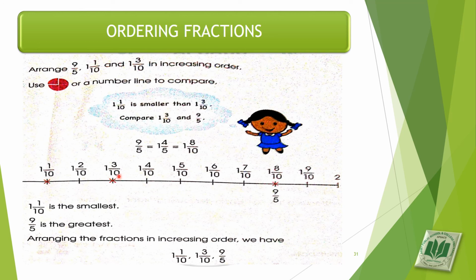Then we found 1 whole 3 by 10, and this 9 by 5 or 1 whole 8 by 10 is the greatest. So in ascending order, we will write it as: the first number is 1 whole 1 by 10, the second is 1 whole 3 by 10 and the third is 9 by 5.